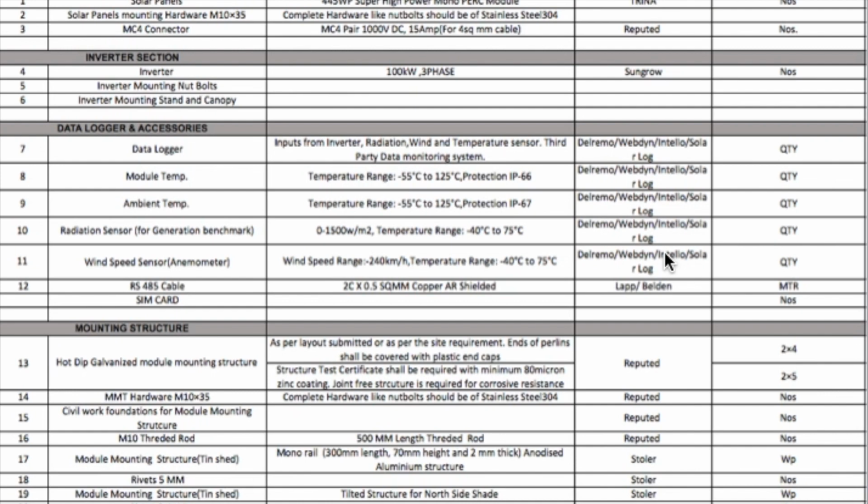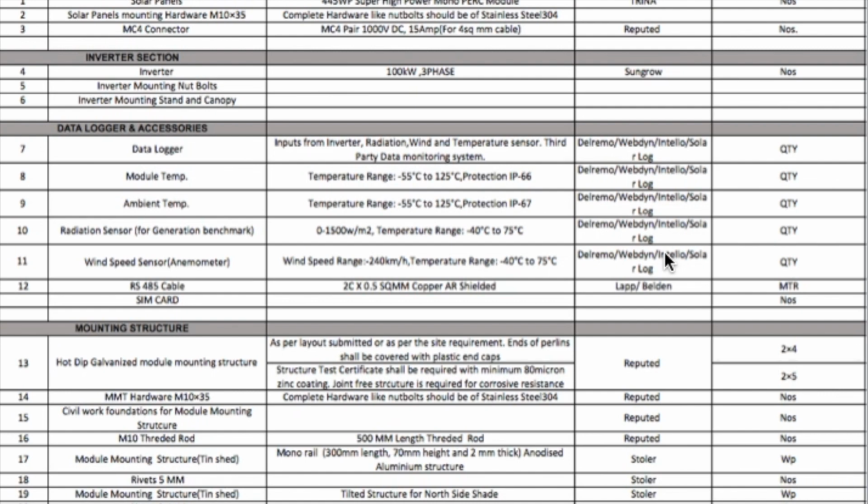Module mounting structure: both are shown. From serial number 13 to 16, we have shown it for a rooftop or RCC roof, and for 17 to 20 we have shown it for a tin shed. If it's a tin shed, we need to do a tin shed module structure, which is generally monorail, and it's an aluminum structure, not HDGI.